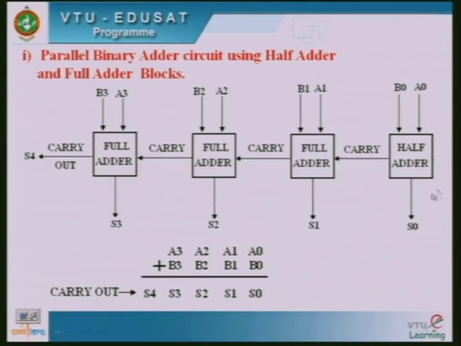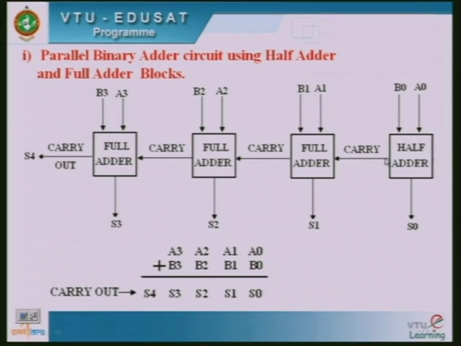By using this half adder to add the least significant bits of A and B, we get some value. When adding A0 and B0, if any carry is generated, that carry is made available, and the sum value is recorded as S0. That carry is taken as an input for the next cascaded stage where we add A1, B1.